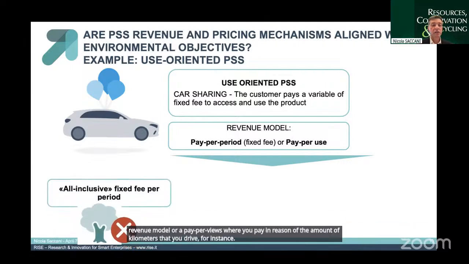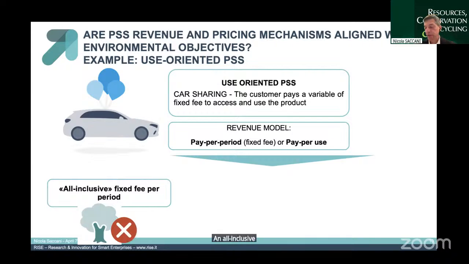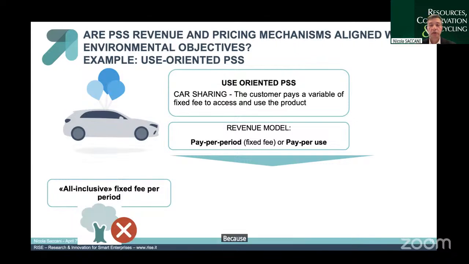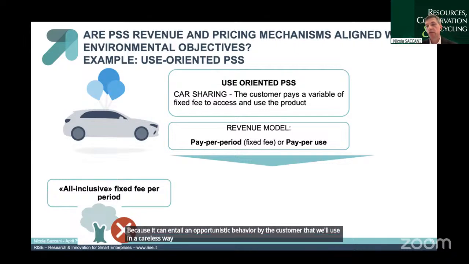An all-inclusive fixed fee per period is not so good from an environmental point of view, because it can entail an opportunistic behavior by the customer that will use the asset in a careless way, or can entail an unnecessary usage of the asset. You drive more because you don't need to pay for driving, for instance.